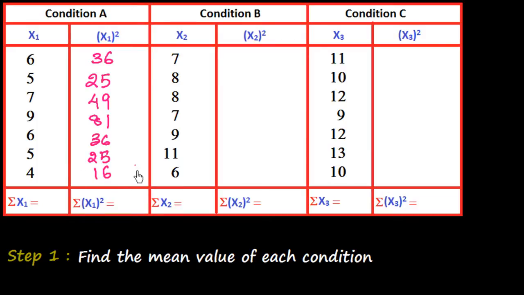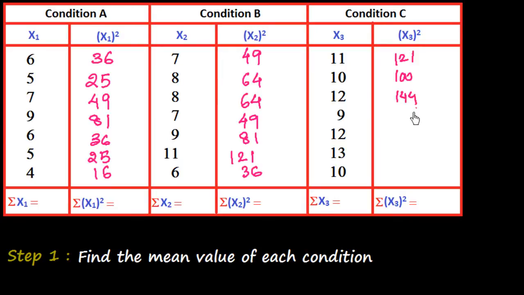We write down the squares of condition B also: 7 square is 49, 8 square is 64, 8 square is 64, 7 square is 49, 9 square is 81, 11 square is 121 and 6 square is 36. Here we see the squares of condition C, which are 121, 100, 144, 81, 144, 13 square 169 and 100.